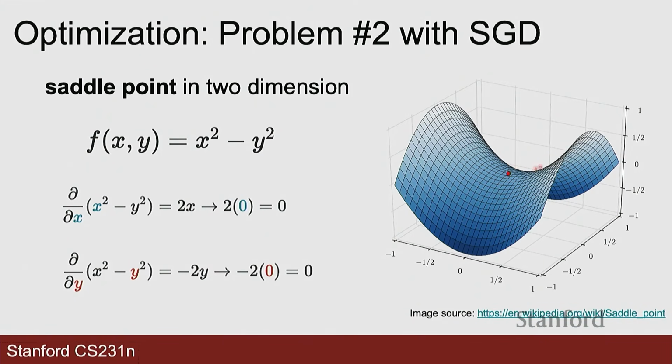So it's like the bottom of this and the top of this curvature, and in both the x and the y directions, the gradient's 0. So you could get stuck here despite being very close to going significantly down the loss landscape on either side. So this is also a pretty common issue with SGD, where these saddle points become more and more common as we move to higher dimensional spaces, which is equivalent to models with more parameters. This is a big issue.